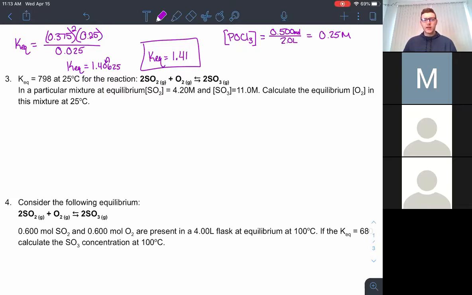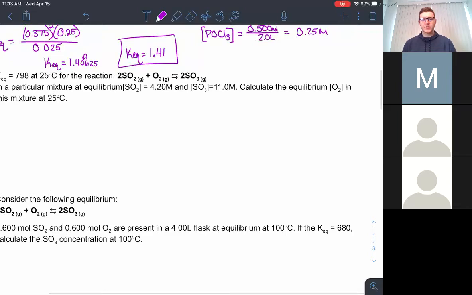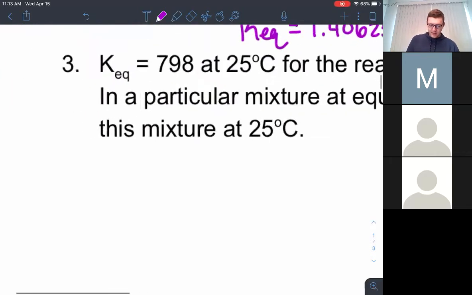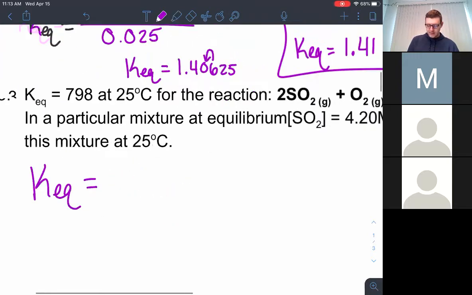In a particular mixture at equilibrium, the concentration of SO2 is 4.2 molar, and the concentration of SO3 is 11 molar. Calculate the equilibrium concentration of oxygen in this mixture at 25 degrees Celsius. So the first thing we're going to do is write our equilibrium expression of KEQ equals.